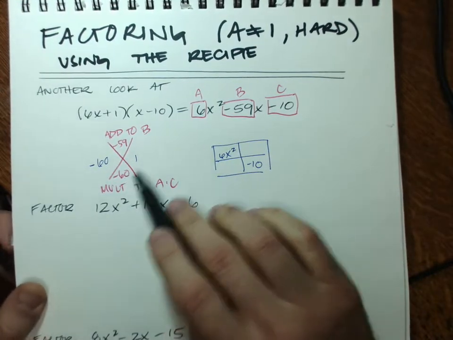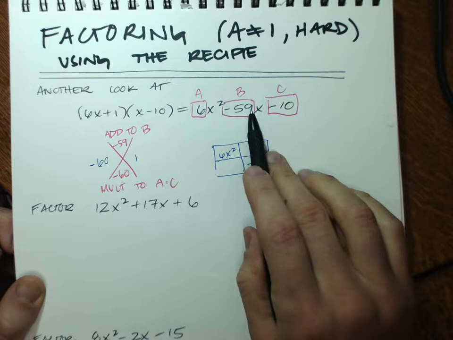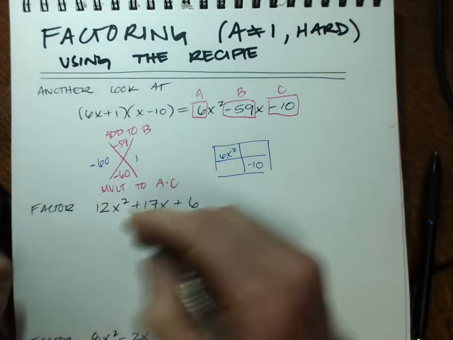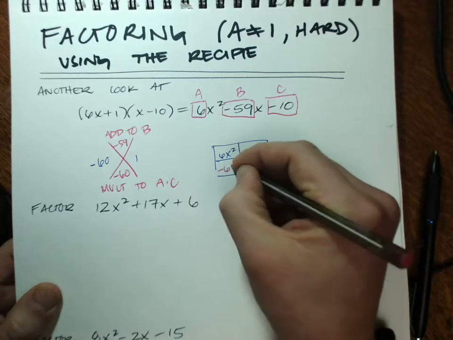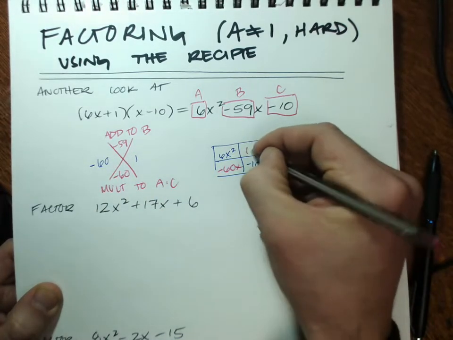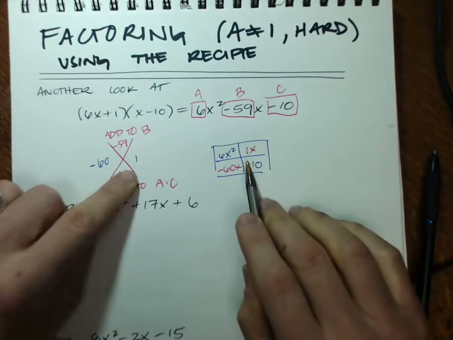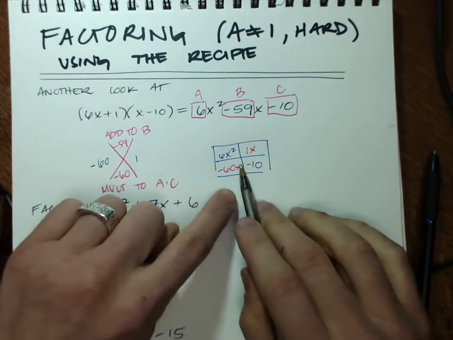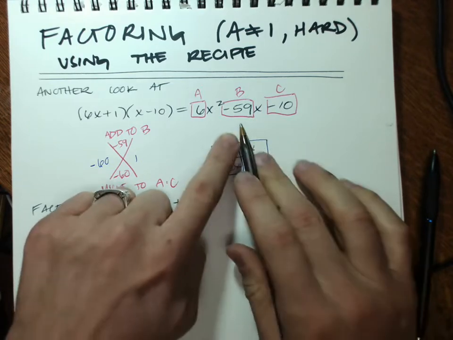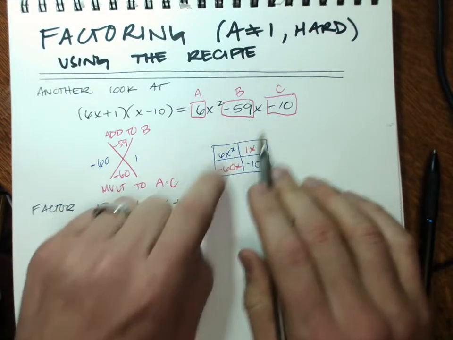Then what this cross told us is how to split up negative 59x. In no particular order, they split into negative 60x, that's this one, and 1x, or just x, that's the other one. So this cross just tells us how to split up the middle term because it's been simplified in this version.